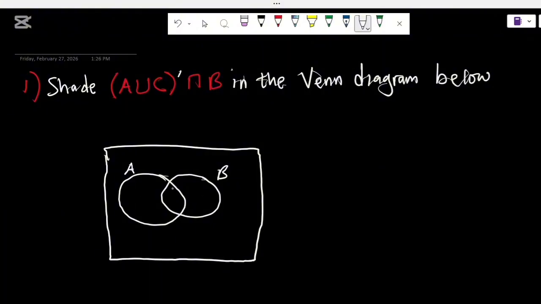When you're talking about intersection, you're only focusing on this area, right? So this is A intersection B, and this is A union B, A union B.